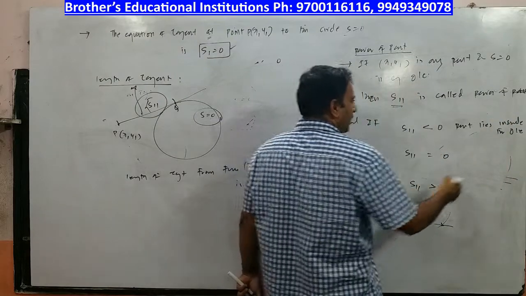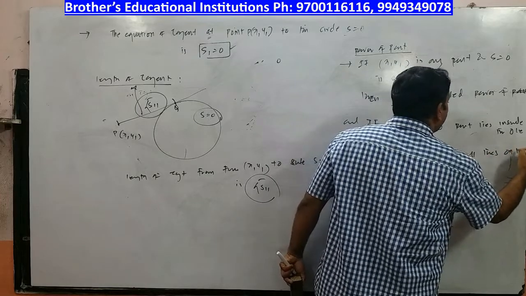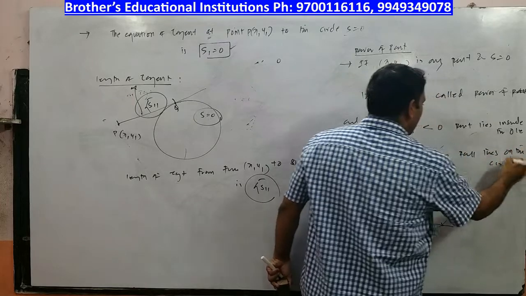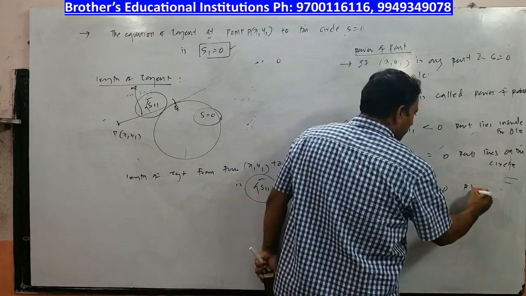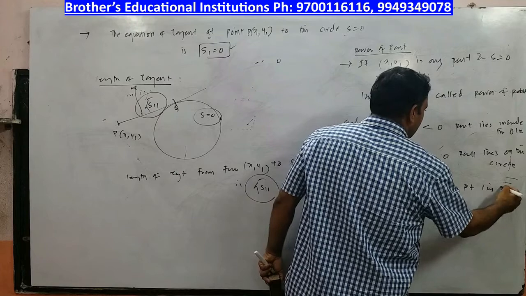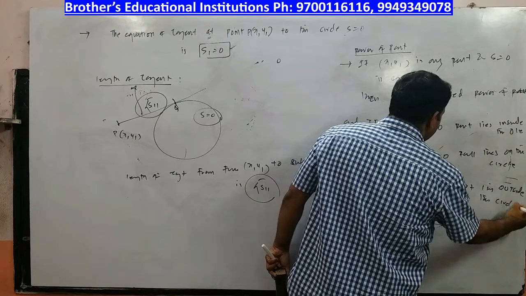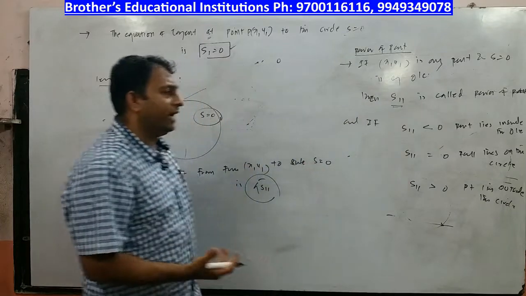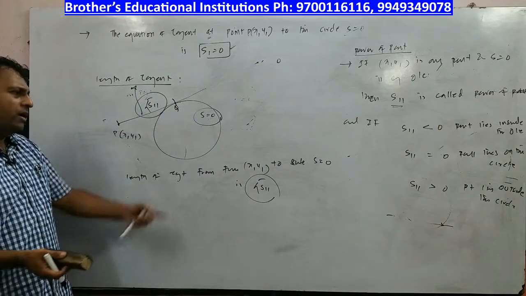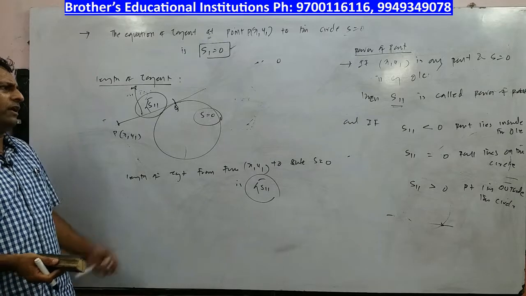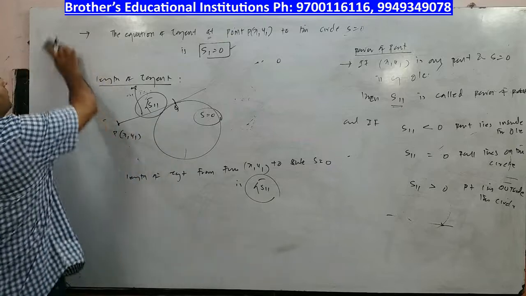If S11 is equal to 0, the point lies on the circle. And if S11 is greater than 0, the point lies outside the circle. Right? So I want you to pause the video and note this concept so that we can go to one more simple concept.